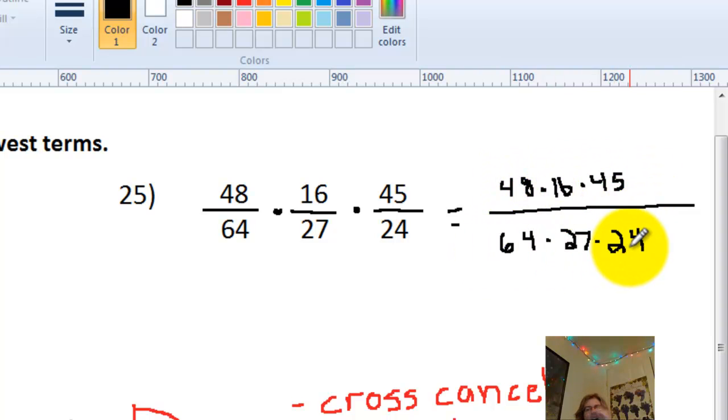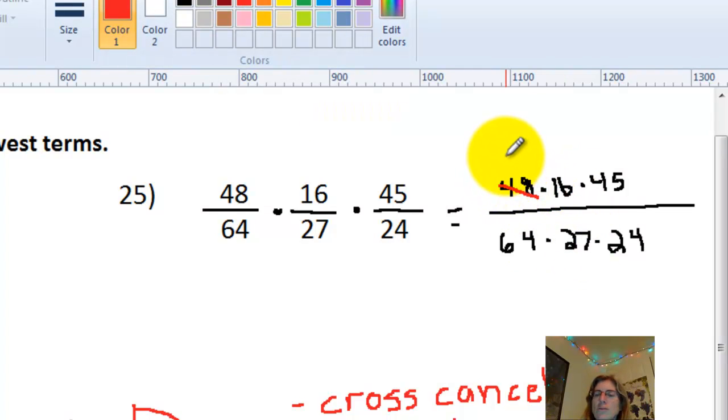And you can put the numbers on the bottom in any order you want. 27 times 24 is the same thing as 24 times 27. You could put 24 here in the front and have 24 times 64 times 27. Because those can be rearranged, that's why you can look at 48 and 24 and decide to cross cancel.